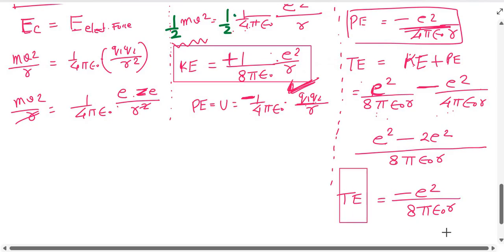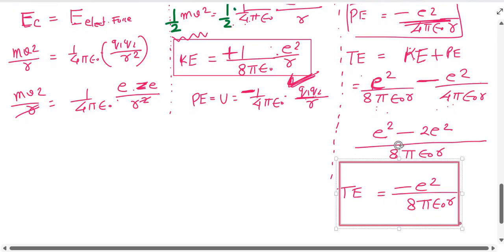So see carefully, this is the total energy. So guys, we got the formula for all three energies. See, this is kinetic energy, this is potential energy, and this is total energy. Remember, kinetic energy is positive, potential energy is negative, total energy is negative.